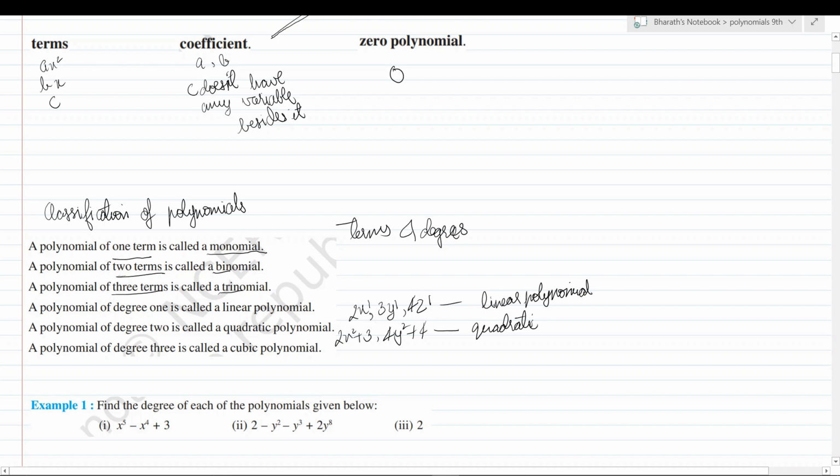A quadratic polynomial has degree 2. Now when it comes to degree 3, such as 3x³ + 4y² + 6, this whole thing has highest degree 3, so this is known as a cubic polynomial.